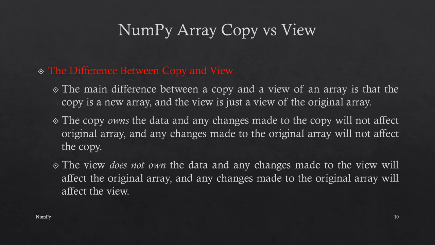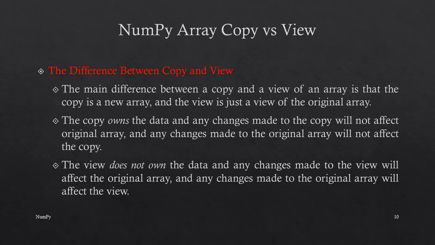Then numpy arrays can be copied and viewed. What is the difference between this copy and view? The main difference between a copy and a view of an array is that a copy is always a new array, but a view is just a view of the original array.